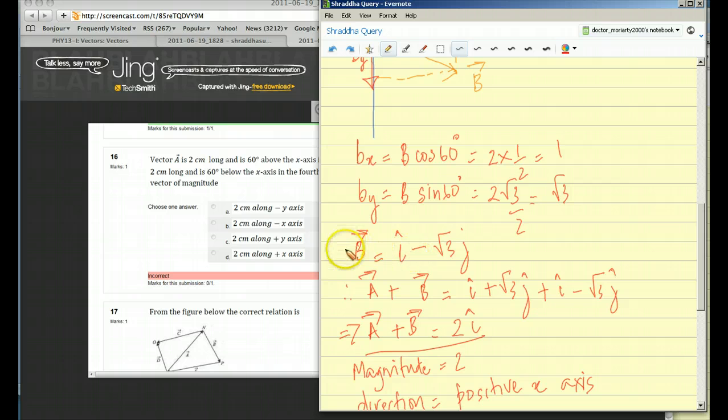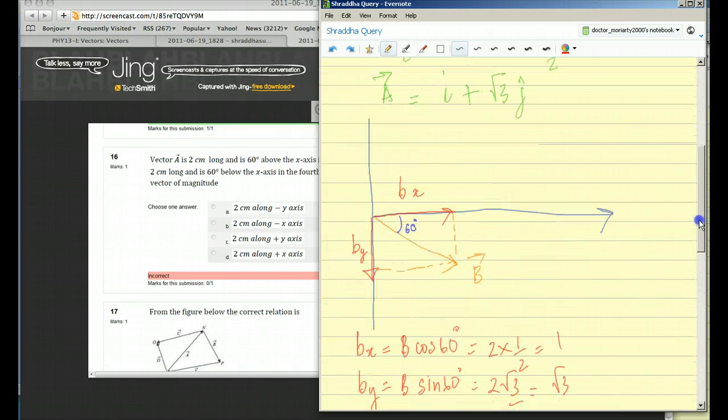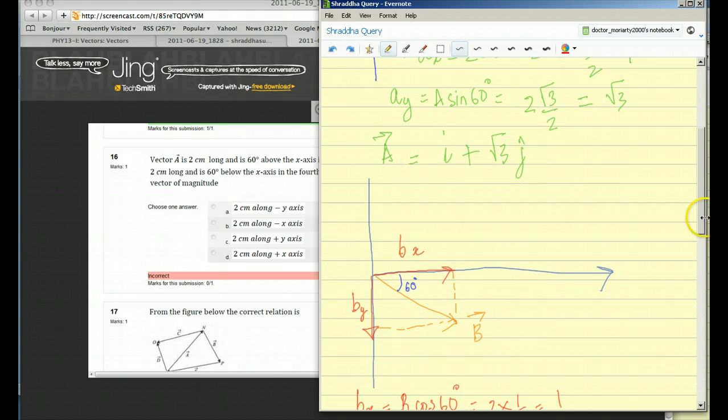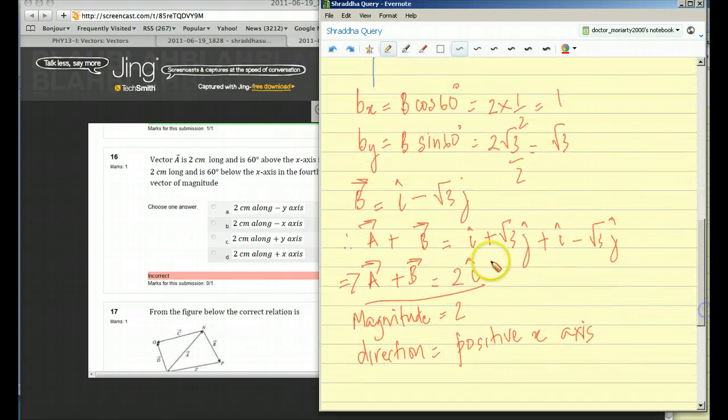Now add this vector B and this vector A that we calculated earlier in terms of components. We just add up the i components, add up the j components. As you can see, the j components cancel and you're left with 2i. The magnitude of the resulting vector is 2 and its direction is the positive x-axis. So that's one of the options that you've got.